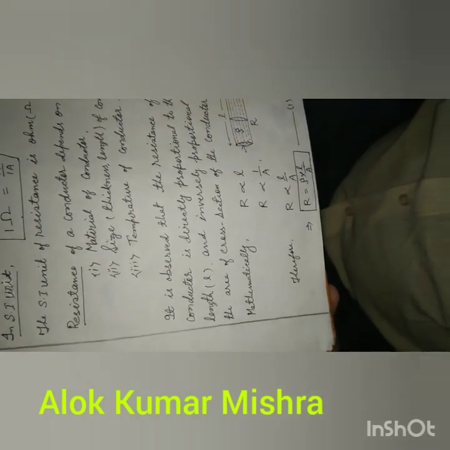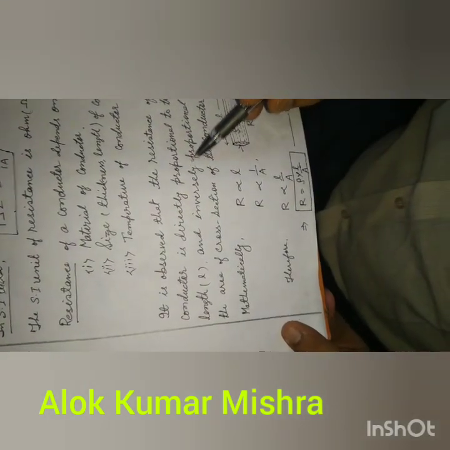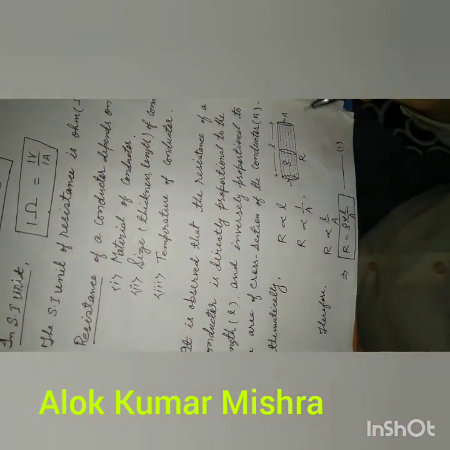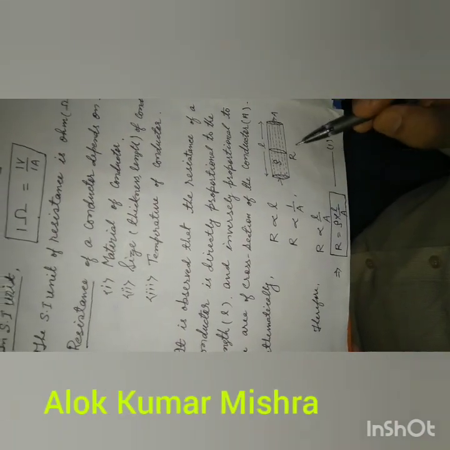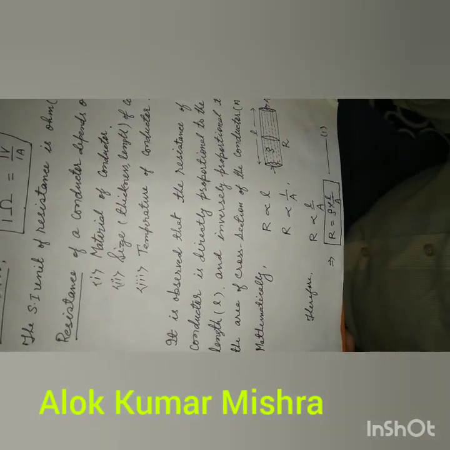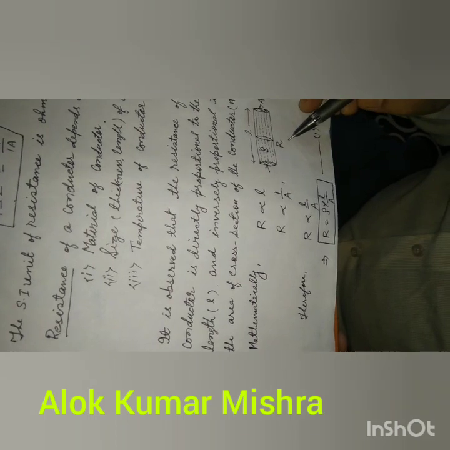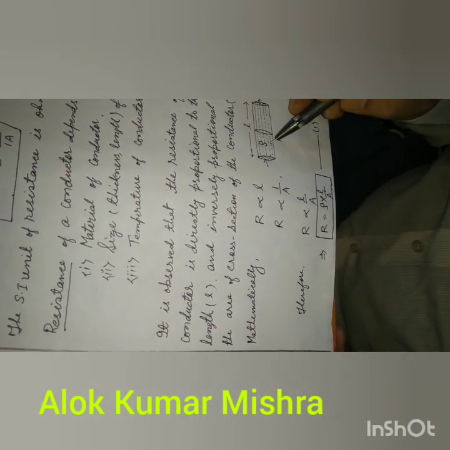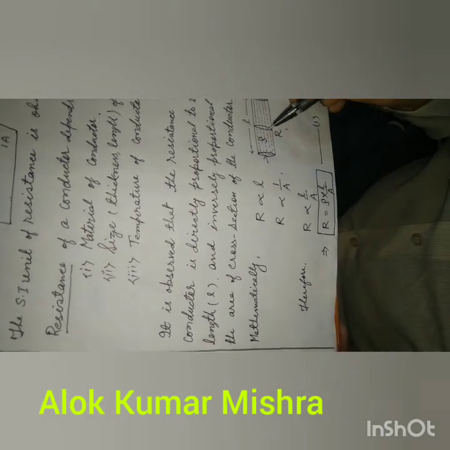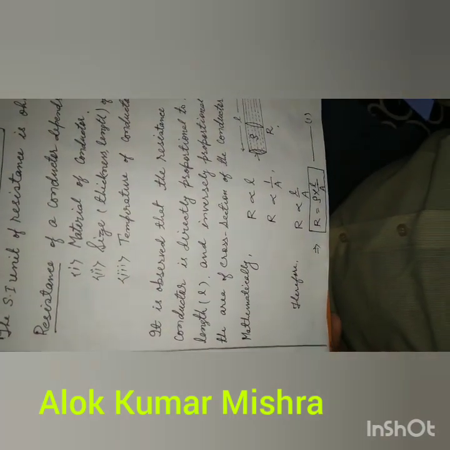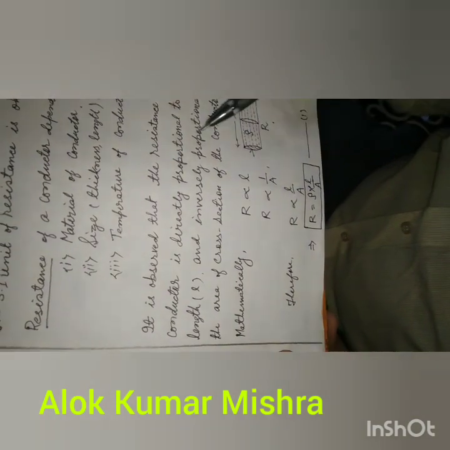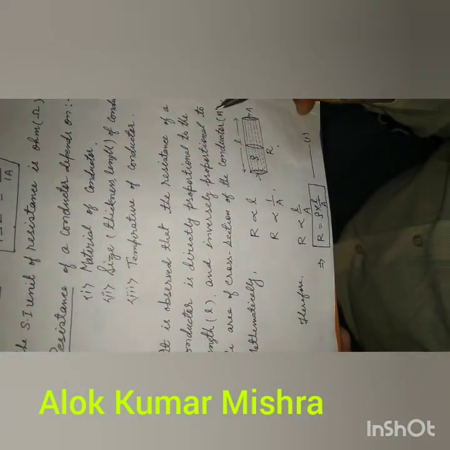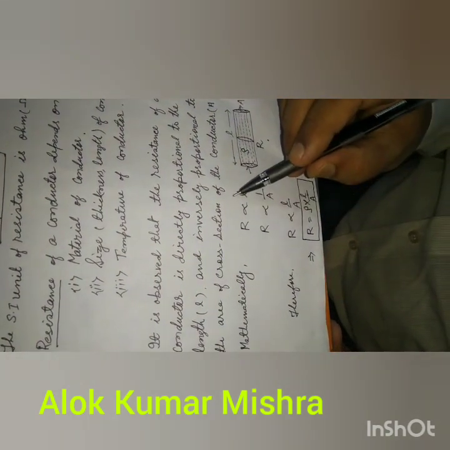It is observed that the resistance of a conductor is directly proportional to the length. I have drawn a diagram, a conductor having length L, area of cross section A, and resistance R. It is observed that resistance of a conductor is directly proportional to the length and inversely proportional to the area of cross section.